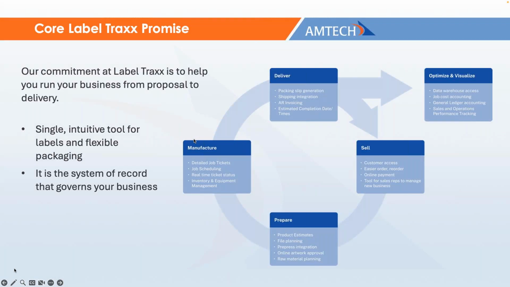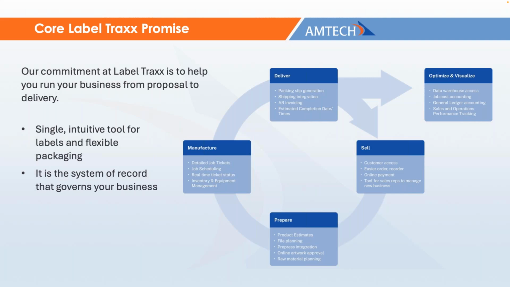So thanks, Kyle. What I wanted to do is talk about our strategy for integration, where it comes from and where it's going, and what foundations we're providing. The initial Label Traxx promise, which is the promise of ERP products more generally, is to have a single intuitive tool for being able to manage your business, in this case, labels and flexible packaging.